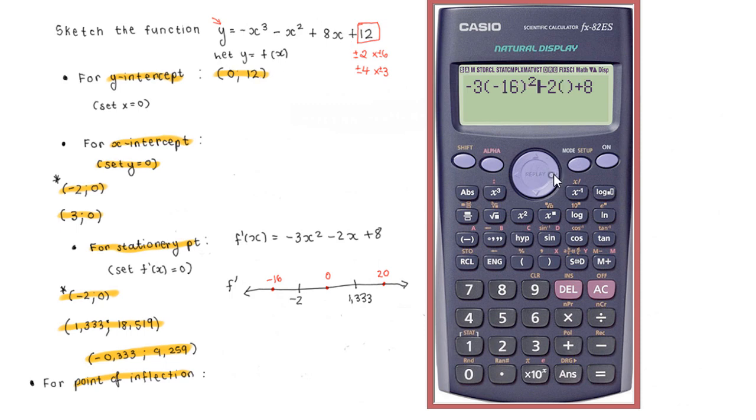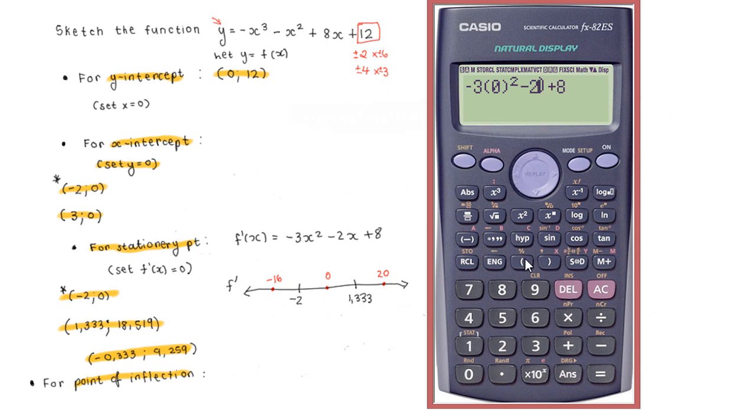So we need to test -16. Okay, and we get a negative value. I'm going to test all of them. So I know I have negative for the first interval. Then when we test 0, we get a positive.